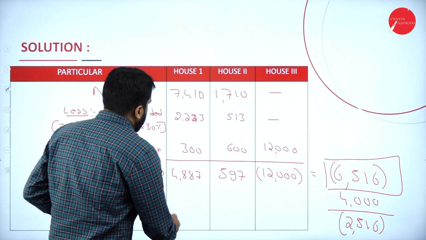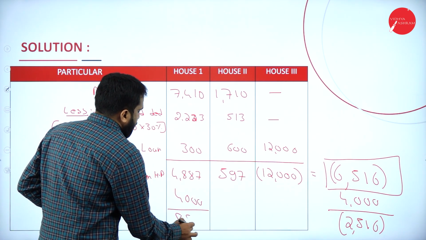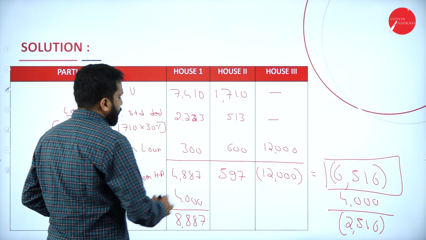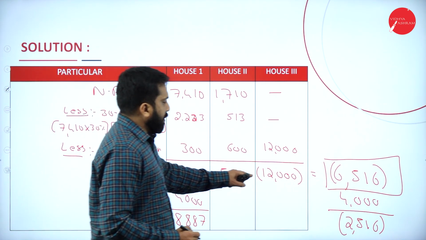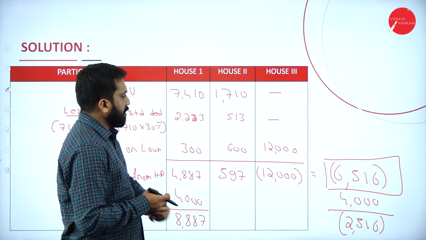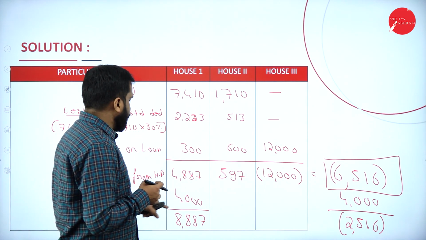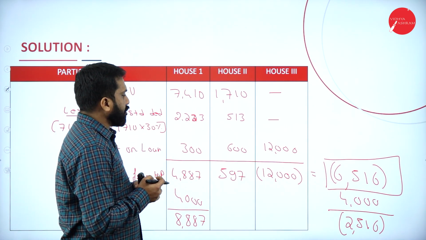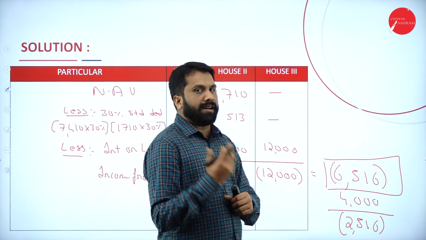So here if you add 4,000, 8,887. Clear? 8,887 plus 597 minus 12,000. Your final answer will be 2,516. So this is all about your calculation. Yes. So we missed out that unrealized rent.